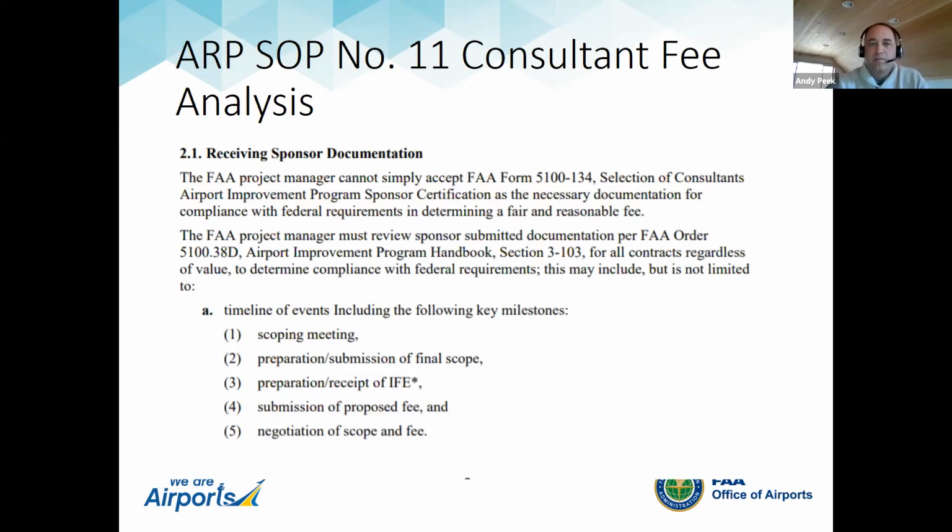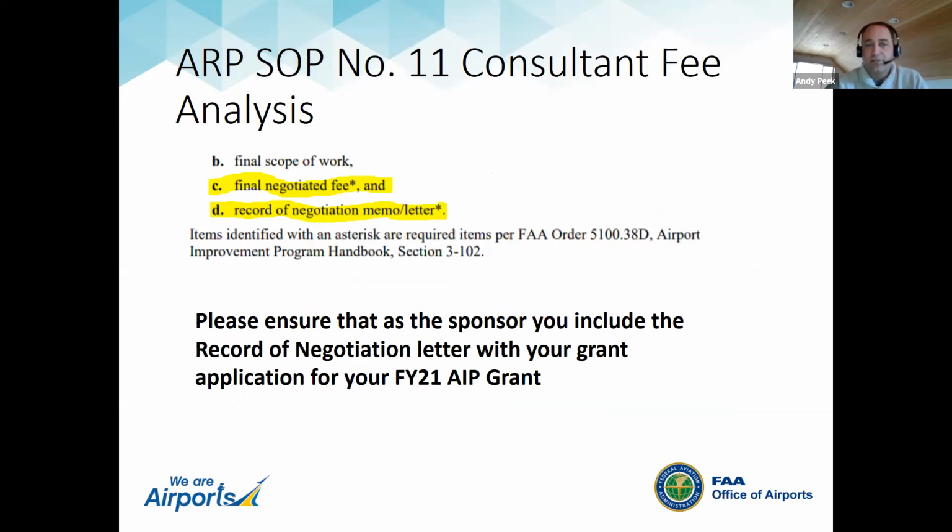We do need some supporting documentation that comes with that. We can't just simply accept the consultant selection fee form and move forward. So some information that needs to come in the memo talks about a scoping meeting, input that went into the final scope, the preparation of the independent fee review, the submission of the fee, documenting when that came in, documenting the negotiation of the fee and scope of the work, and of course the final negotiated fee and the record of negotiation that comes in a letter.